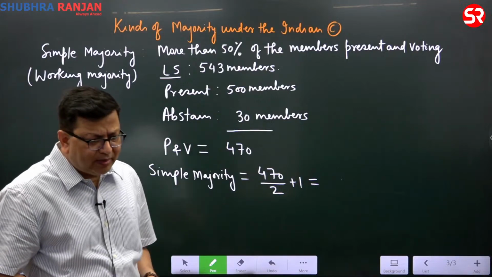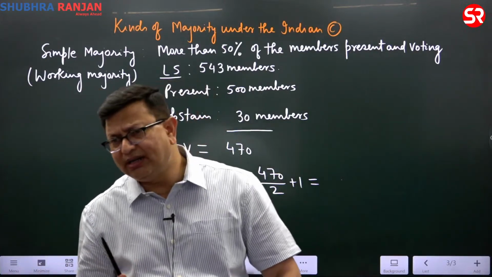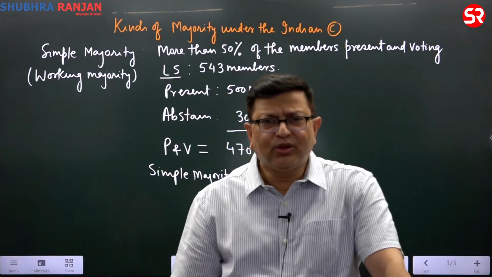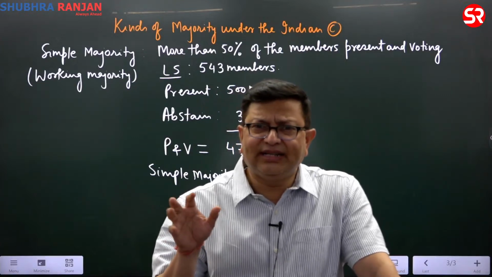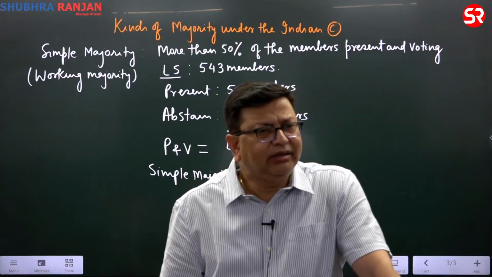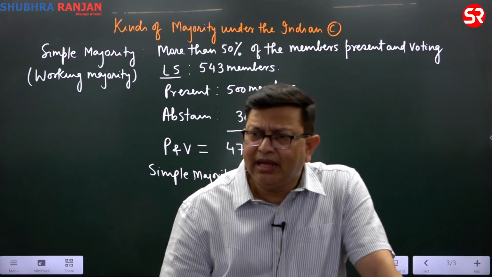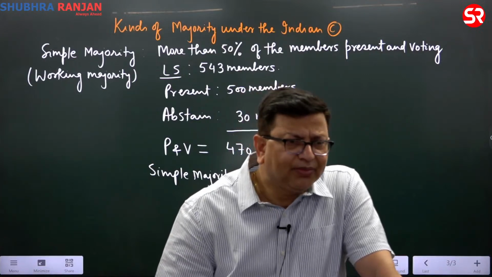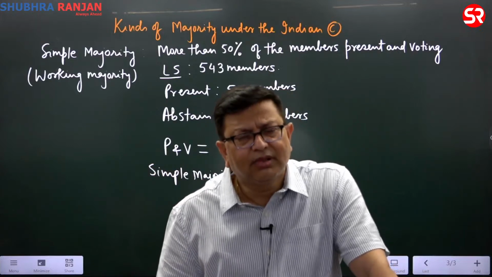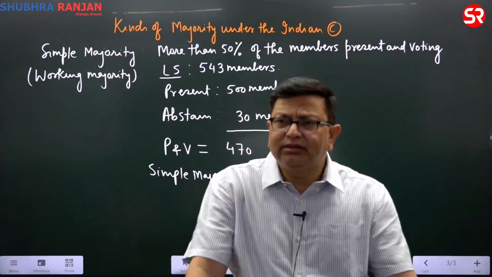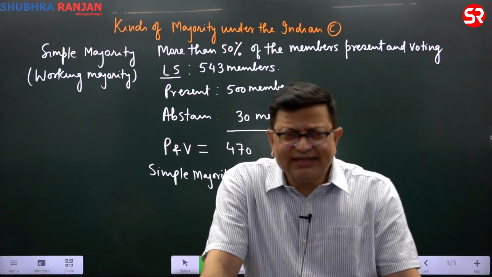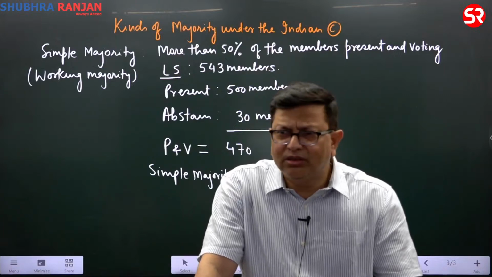Now, if you have not understood it, I will make the things simpler for you. Suppose the strength of this class is that of 70 students, including our online students. And suppose out of 70 of you, 65 of you are present in the class. Now, if I ask you how many of you want a holiday tomorrow? It is a hypothetical question. There will be a class tomorrow.